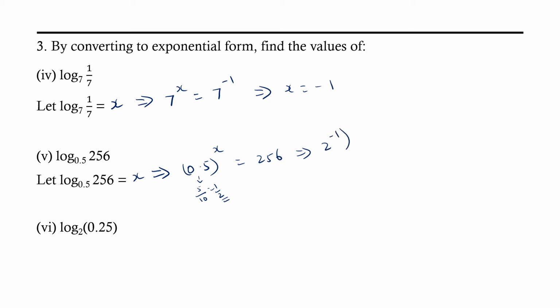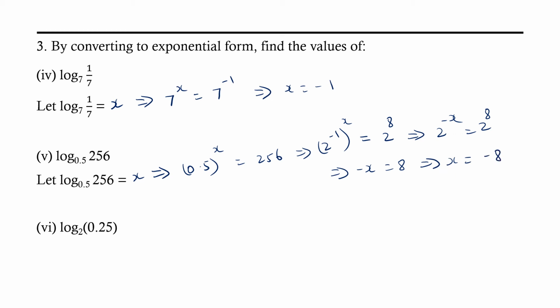So we can write 2 raised to minus 1 the whole raised to x is equal to 256. We have to factorize. If we factorize 256, it is equal to 2 raised to 8. So from this we get 2 raised to minus x is equal to 2 raised to 8, or from this we get minus x is equal to 8, or x is equal to minus 8.